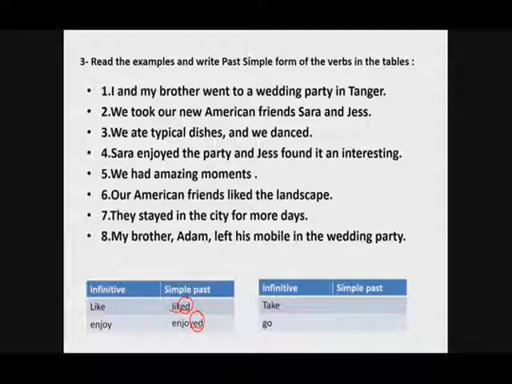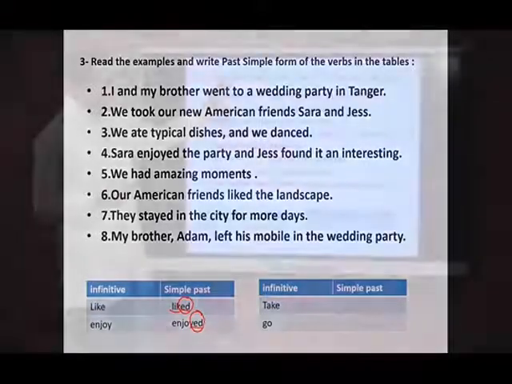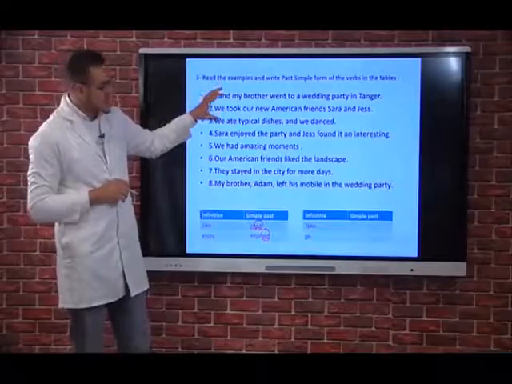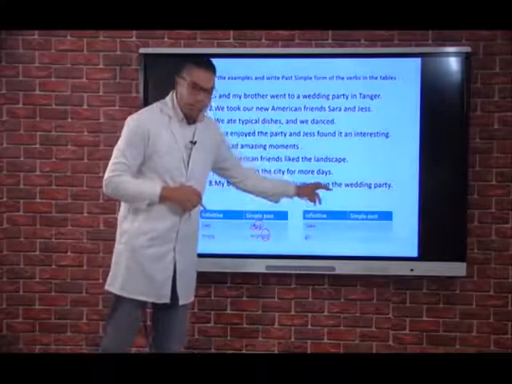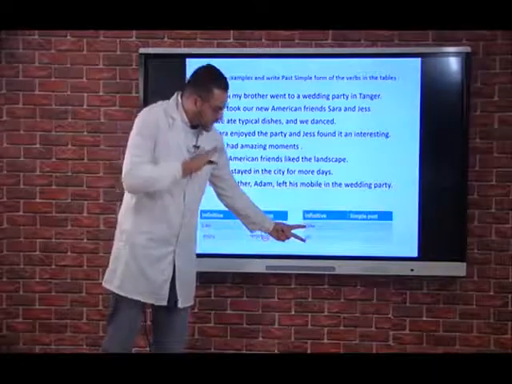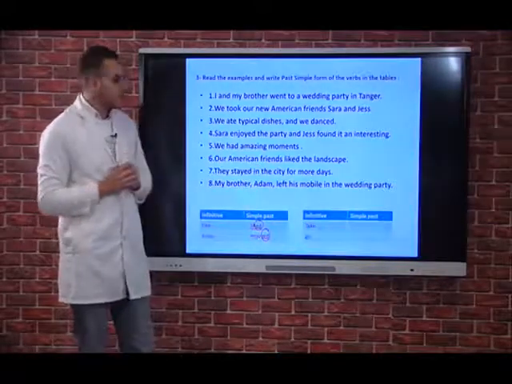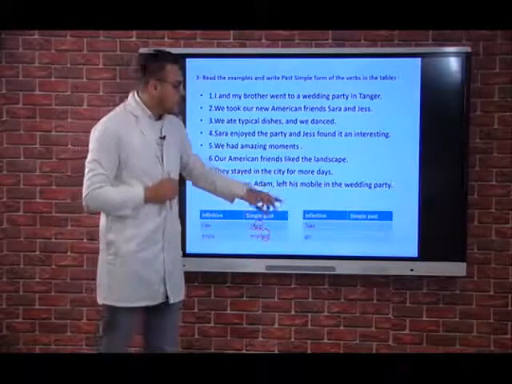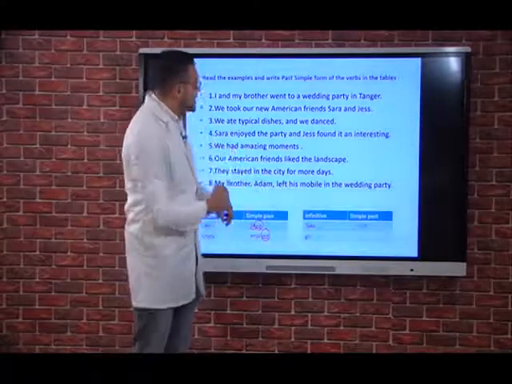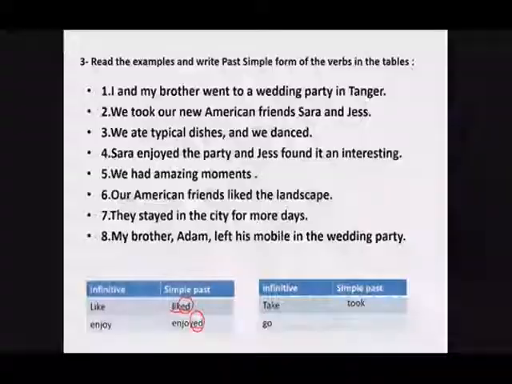We have two verbs, take and go. So I need you to find out in these statements the simple past form of these two verbs. So we have take and we have go. So what do we say in the first one? In example number 2, we say took.